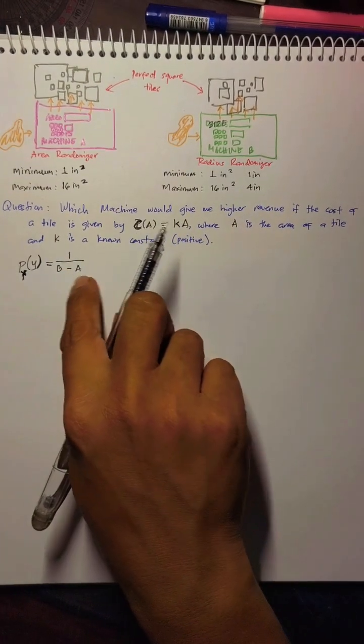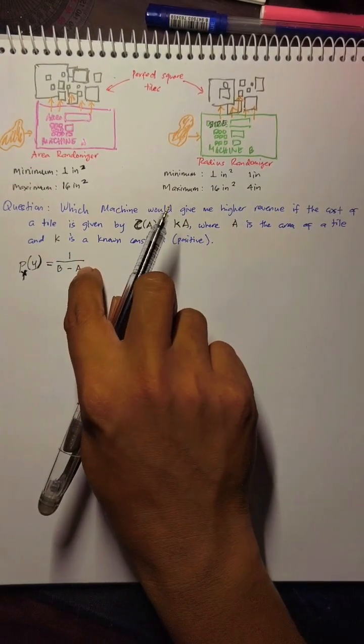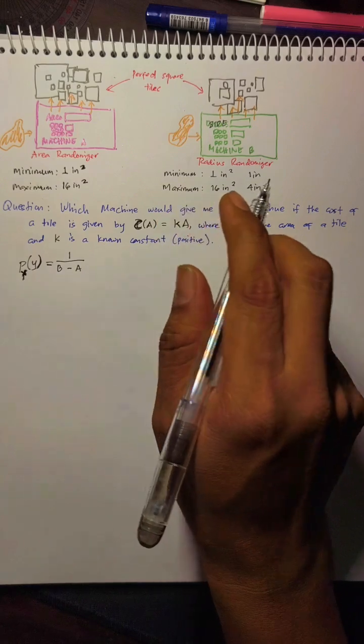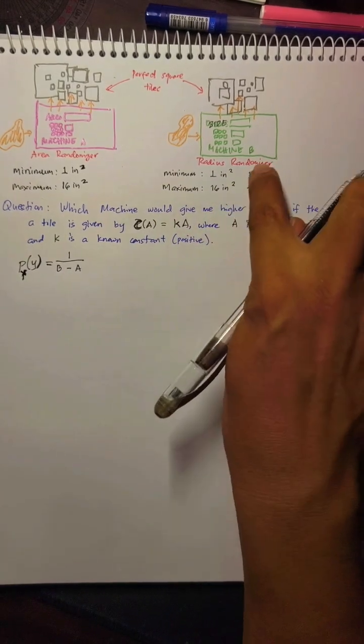Here B is 16 and capital A is 1. So how about this one here?